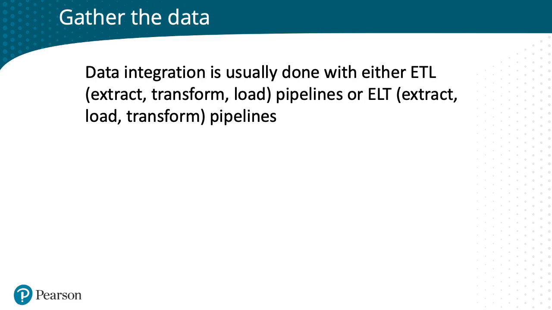So we get our data, we do some type of transformation to it, and we load it into that central location. And every now and then you might run into an ELT pipeline. It's the same steps that are normal with an ETL. It's just you load the data before you transform it. And sometimes this comes up just to help with performance issues.